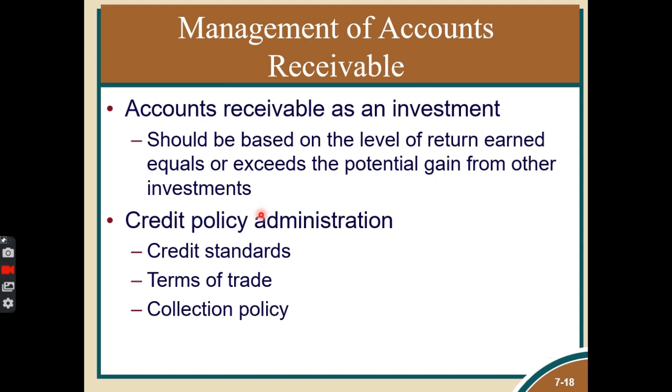Second, you need to have terms of trade, or what we call credit terms and payment terms, in order for us to establish a policy that is going to be followed by the customer for the payment of their liabilities to us, or for the collection of the receivables. And finally, we need to have a collection policy, meaning how we can make sure that we will be able to collect all of the receivables.